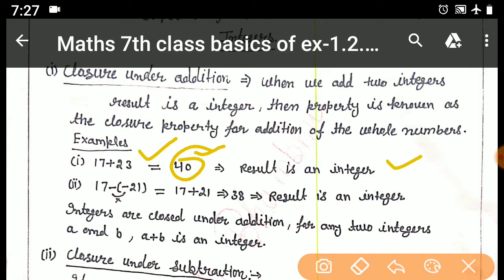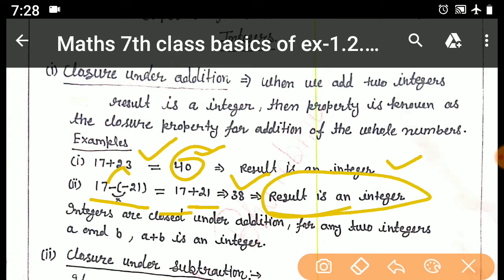The next example is 17 minus negative 21. Minus into minus gives plus, so 17 plus 21, and 38 is our result, which is also an integer. By these two examples it is proved that integers are closed under addition.